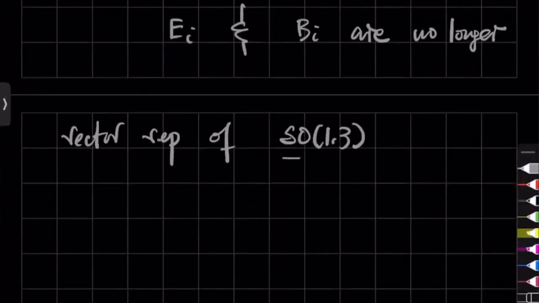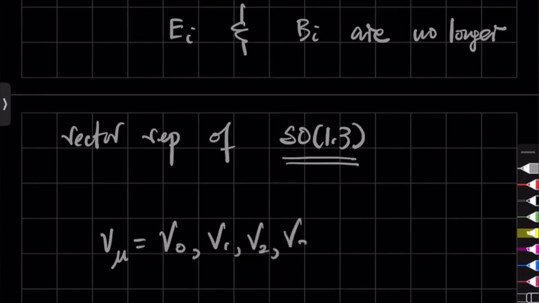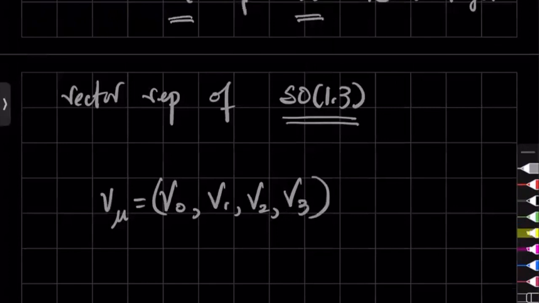Because a vector representation of the Lorentz group should have 4 components, whereas these things only have 3 components. So these 3 components are a representation of the SO(3) subgroup of the Lorentz group, but this thing is not a representation of the full Lorentz group.